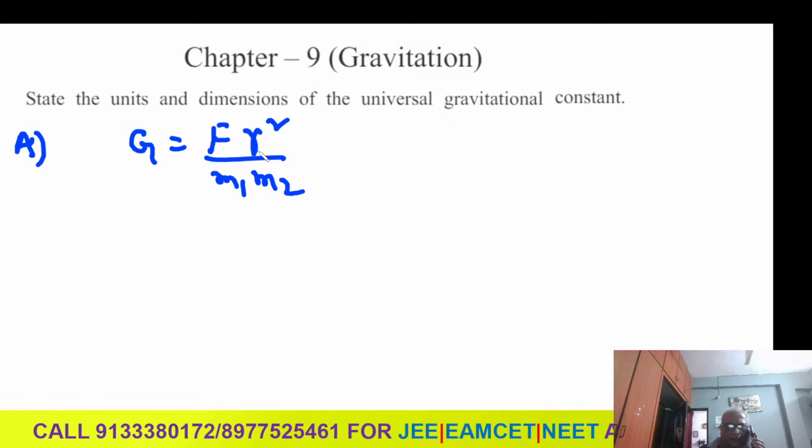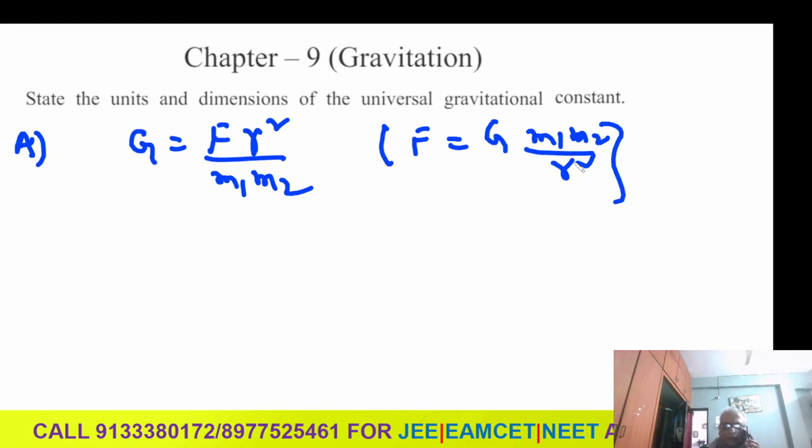F is given by the formula G m1 m2 by r square. G is the gravitation constant, m is mass, r is distance.